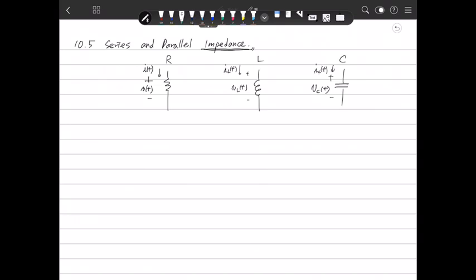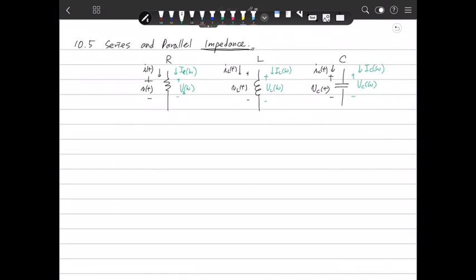And this can be represented in the phasor. Now we define this as V_R(omega), and the current is I_R(omega). And define this as V_L(omega), this is I_L(omega), this is V_C(omega), I_C(omega).